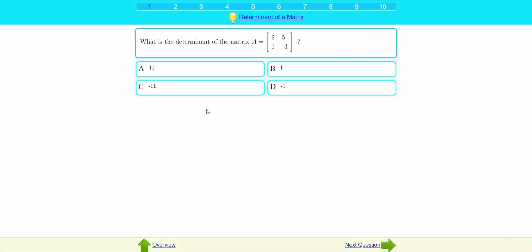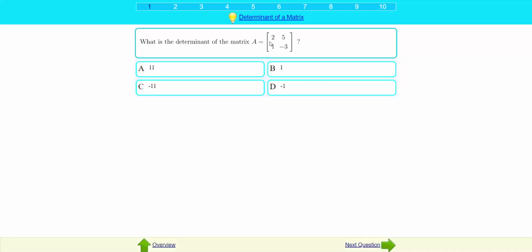Okay, I got my paper ready, so this should be straightforward. We multiply this by this minus this by this. Okay, so we have minus 6 minus 5.